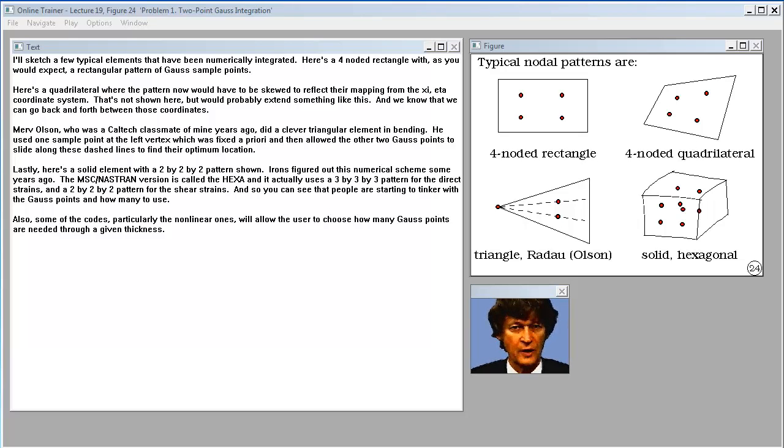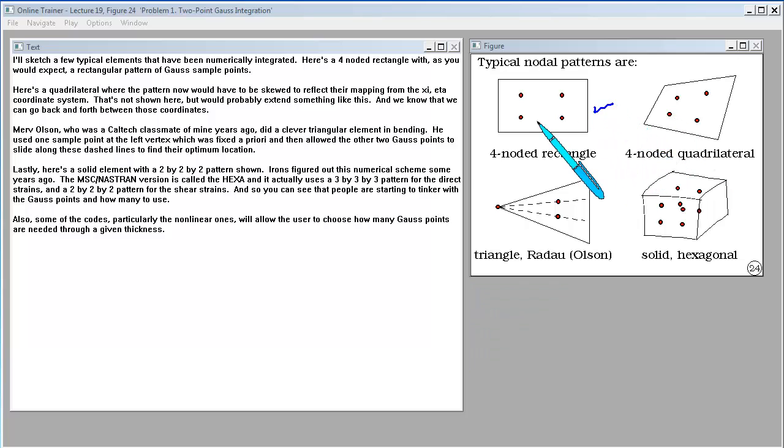I'll sketch a few typical elements that have been numerically integrated. Here's a four-noded rectangle with, as you would expect, a rectangular pattern of Gauss sample points. Here's a quadrilateral where the pattern now would have to be skewed to reflect the mapping from the ξ-η coordinate system. That's not shown here, but would probably extend something like this.